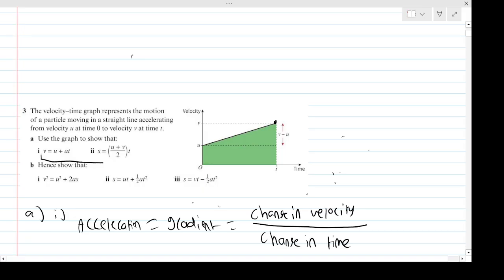Well, if we looked at these 2 equations last time, v is u plus at doesn't have s in. This equation doesn't have a in. But what about if we don't care about u, t, or v? Well, then this equation doesn't have a t in. This equation doesn't have a v in. This equation doesn't have a u in.